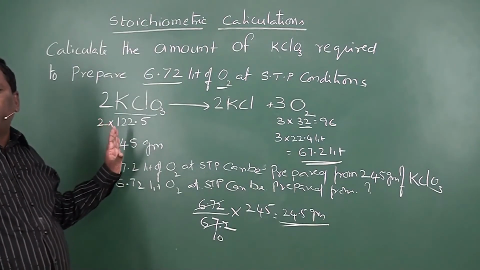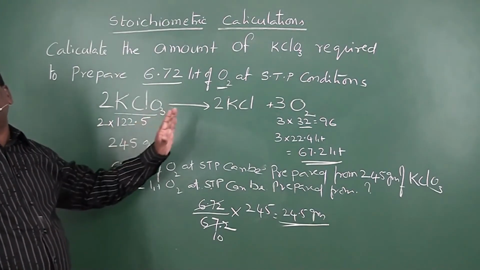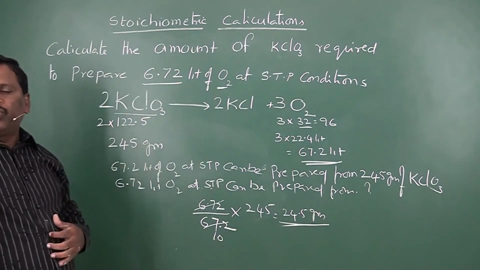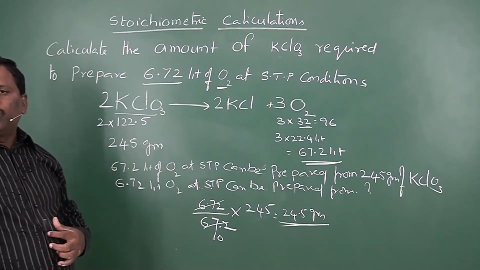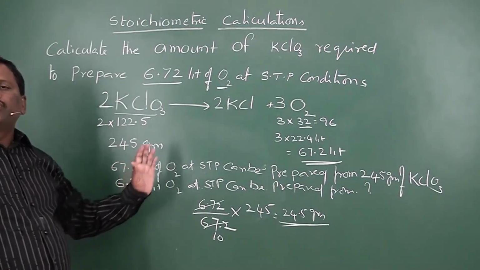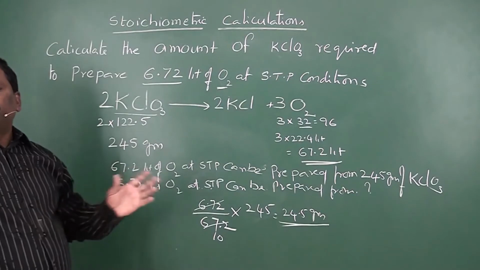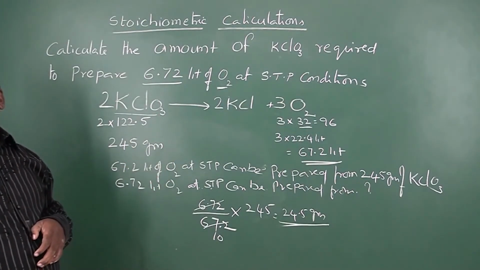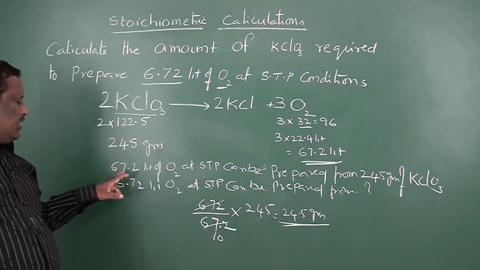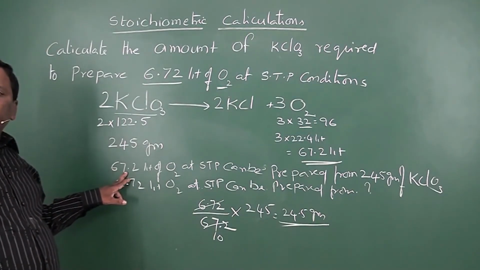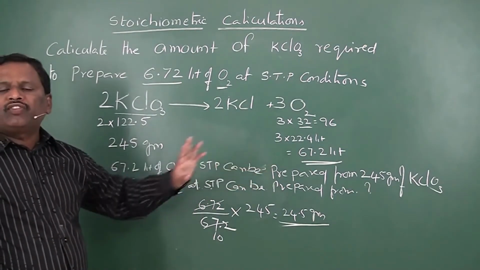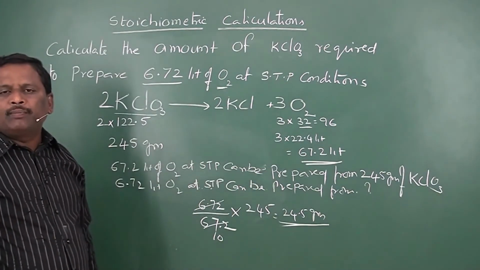That means if you decompose 245 grams of KClO3, you will get 3 into 22.4, that is 67.2 liters of O2 gas. So 67.2 liters of O2 gas can be liberated when 245 grams of KClO3 is decomposed.